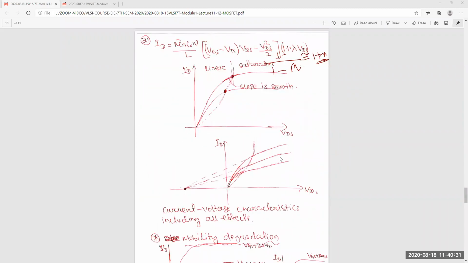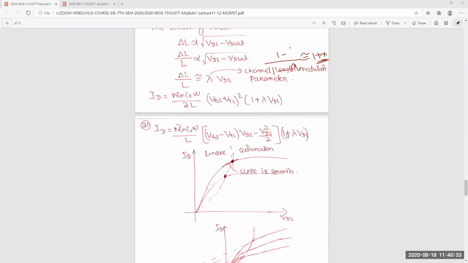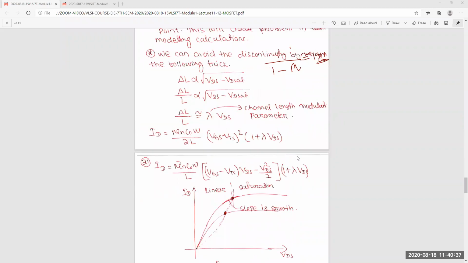Though it's not required there, because before the threshold voltage there is no channel length modulation and the channel length is not decreasing, we still use this factor only for smoothness. At this point the slope will be smooth. There is no sudden transition from one value to zero. Throughout, the slope is there.